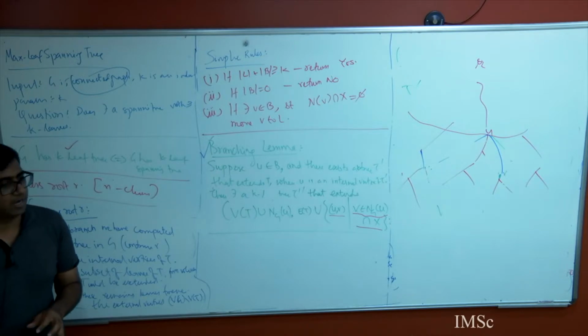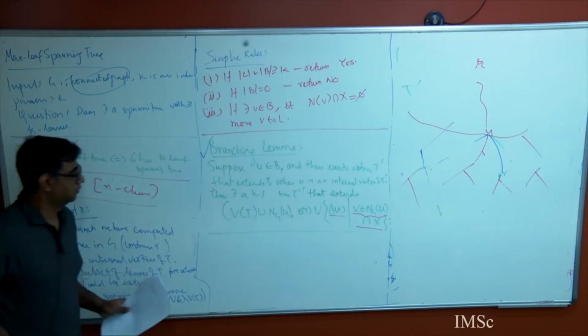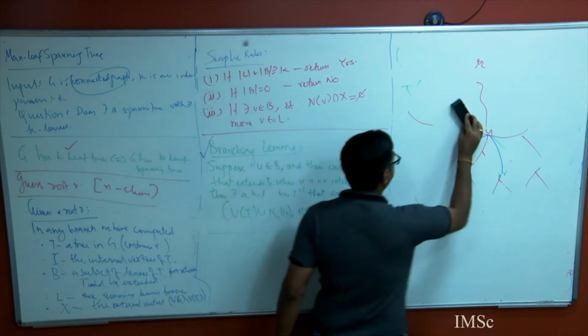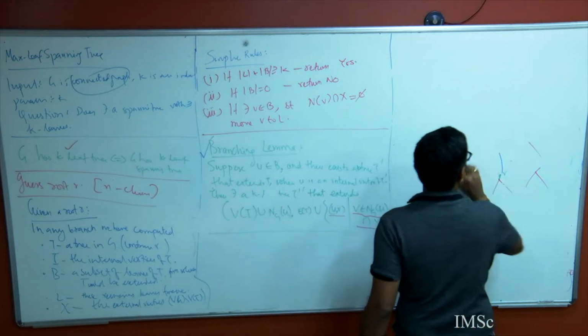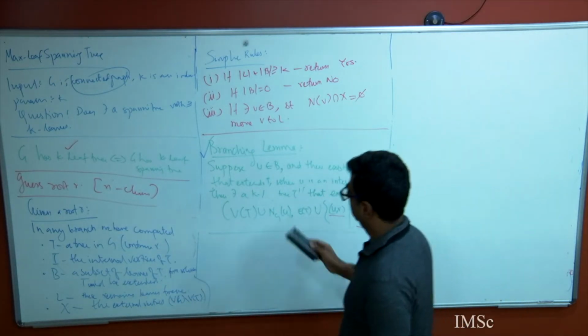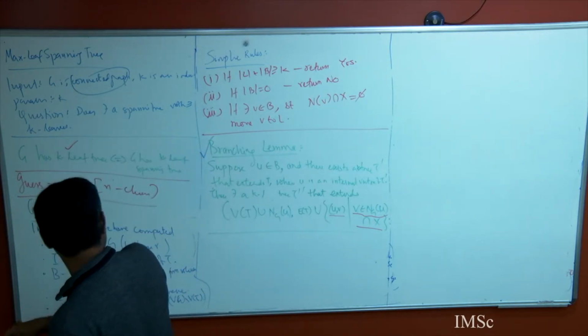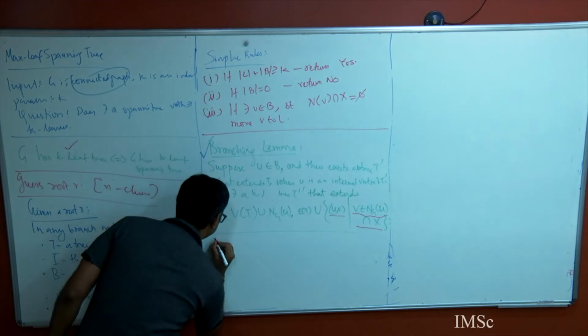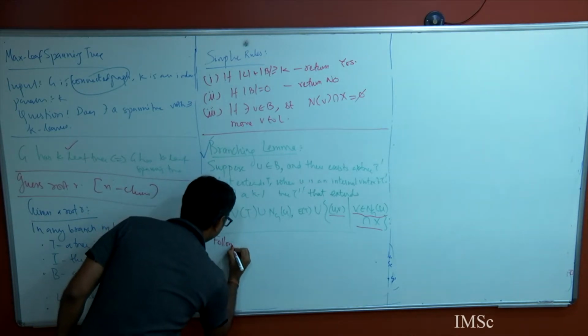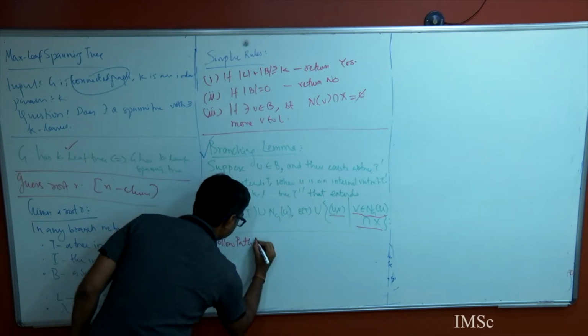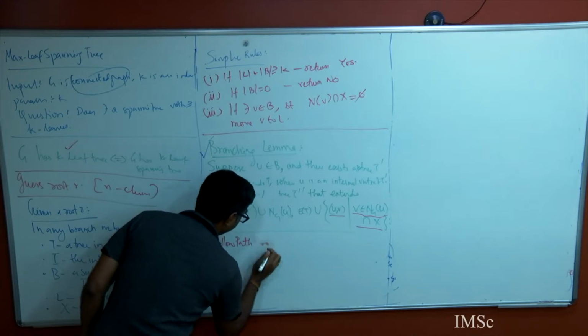Okay, so now let's write our follow path rule, and then we are done. This is the branching lemma, and next let's call it the follow path rule, or lemma, whatever.